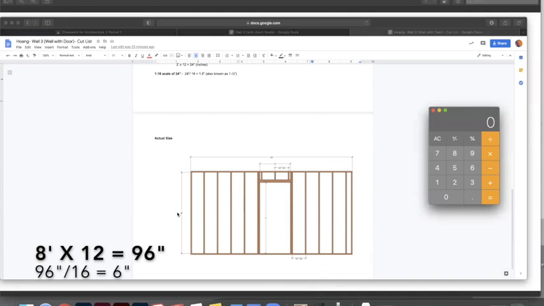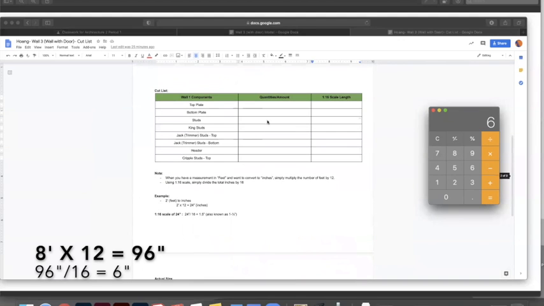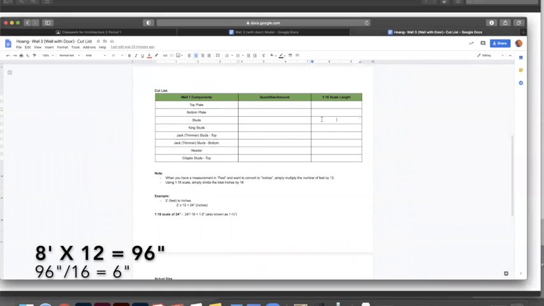First, we're going to multiply this by 12 to make it inches, and then divide it by 16. Take 8, multiply by 12, which is 96 inches. 96 inches divided by 16, which is the 16 ratio, you get 6 inches. So the stud length is going to be 6 inches.